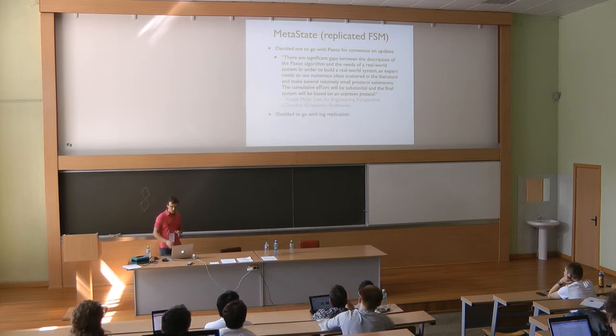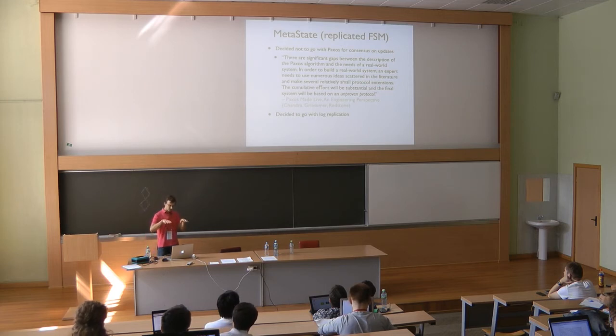A simpler solution would be just to replicate those updates which are coming to the state. Imagine you have a log of what you're trying to do with your state. If you could replicate that log, you can keep the states synchronized.